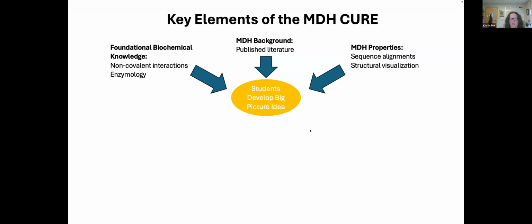So the start is, what is the big picture idea that they want to ask a question about? This big picture idea, you could let them choose from anything, but I think our next two speakers are going to encourage you to first select an area from everything possible the students could study about MDH and narrow it down to some subset.